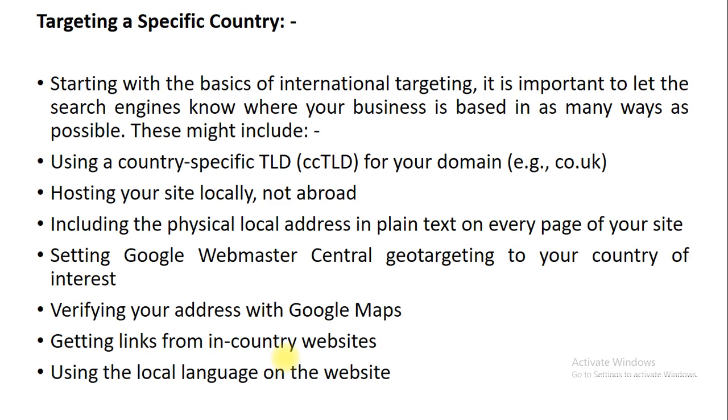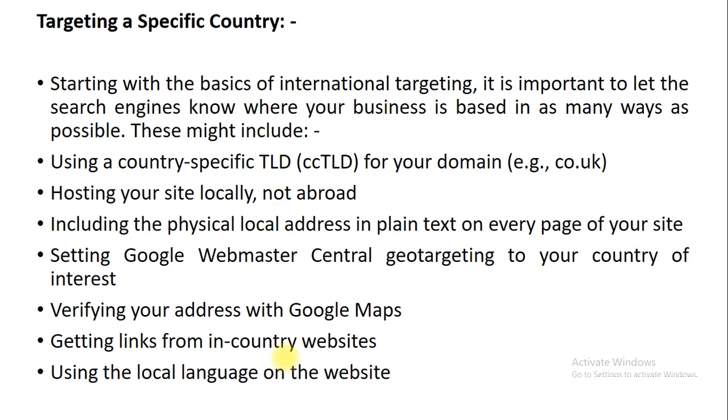Next is setting Google Webmaster Central geo-targeting to your country of interest. That means in whatever country you want to target, you need to set the Google Webmaster Central geo-targeting location.